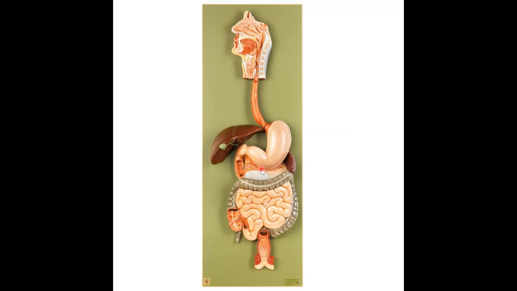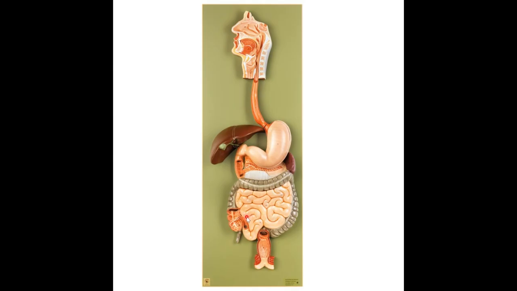And also the pancreas is right underneath the stomach right here. It also secretes digestive juices, pancreatic juice it's called, into the small intestine. And then the small intestine generally is broken down into three different parts. But we can't really tell which part is which from this model, so we'll just leave it at small intestine.